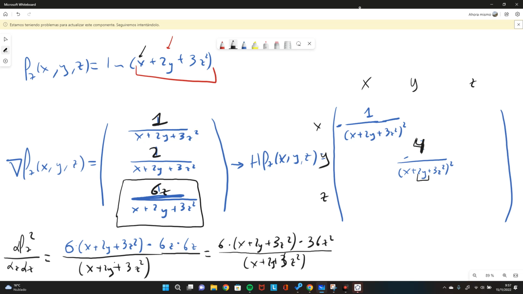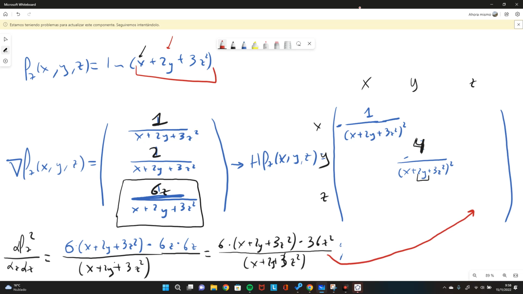This is pretty much it. We could simplify that, but I prefer not to, because I usually tell you to leave it without the simplification. Better without simplification than simplified and wrong. This goes just there.